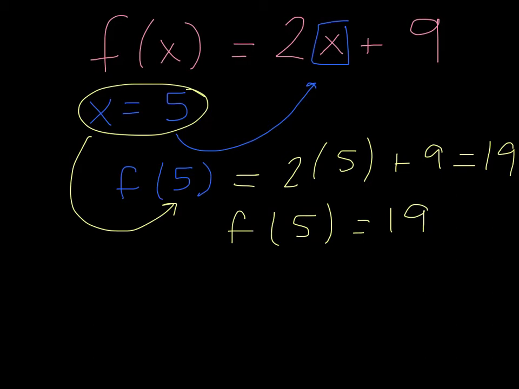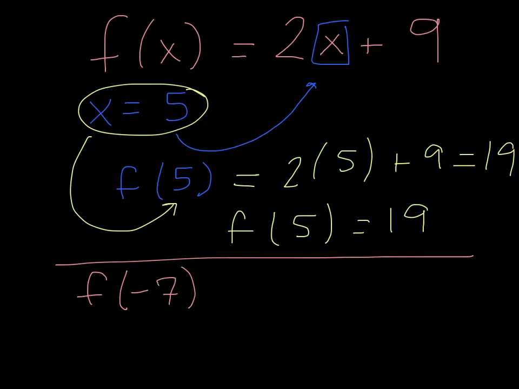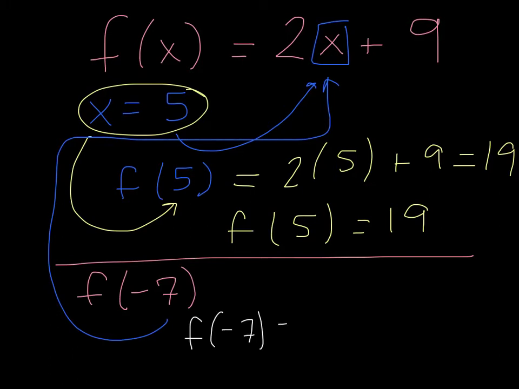Just so you can see a different one, something that looks a little bit different, I could say, what is the f of negative 7? So now I'm saying that this time, instead of x being 5 as in the first example, x is negative 7. So I just say that the f of negative 7 is equal to 2 times negative 7 plus 9.